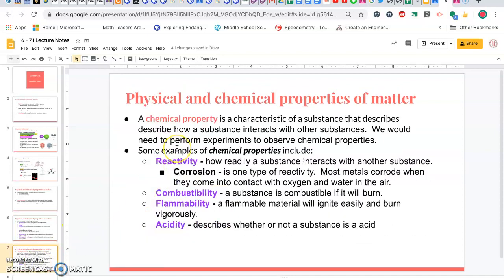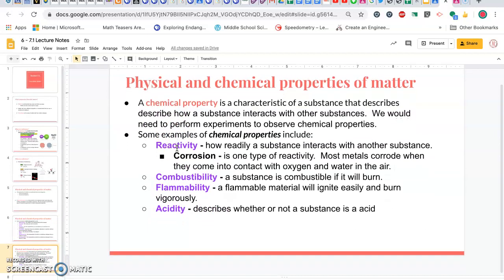All right, a chemical property, on the other hand, is a characteristic of a substance that describes how it interacts with other substances. So in order to determine the chemical properties of a substance, oftentimes you need to perform experiments or allow it to interact with other substances in order to observe its chemical properties.